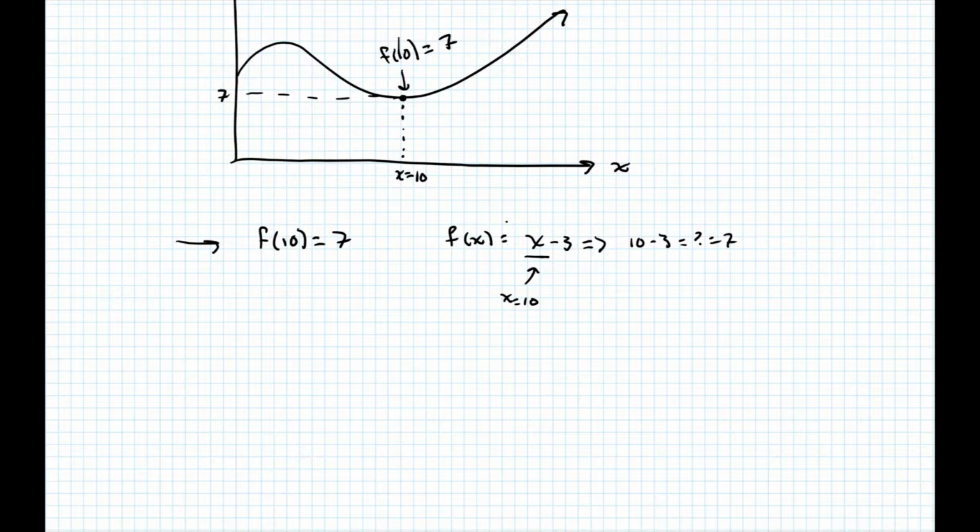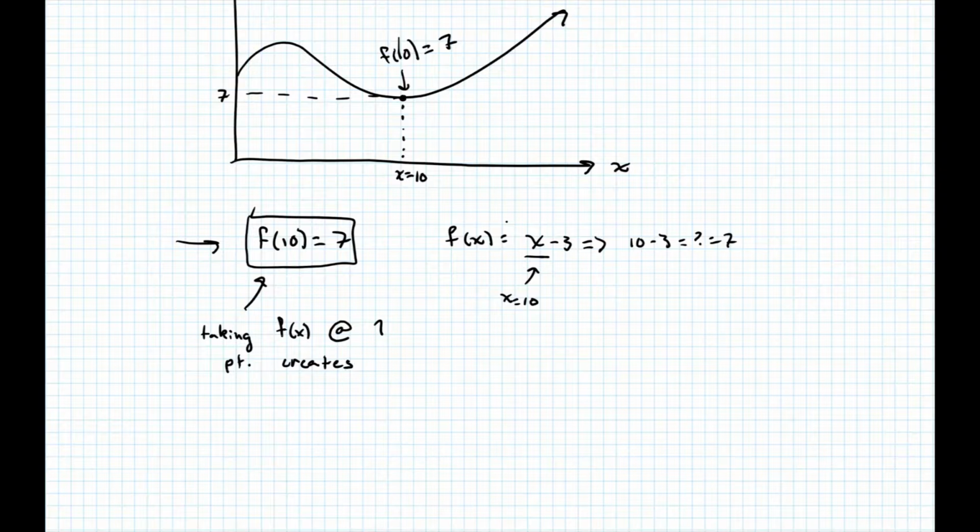So we can see that taking f of x at one point creates a discrete relationship. That's important to understand, because we do have this idea of a continuous function, but when we take something at a specific point, it creates a discrete relationship.